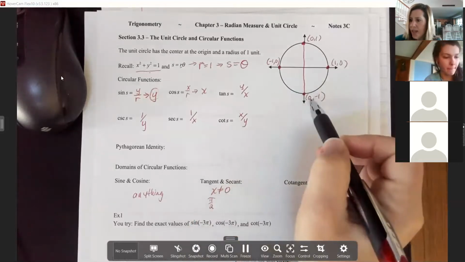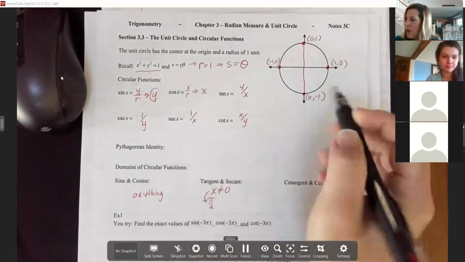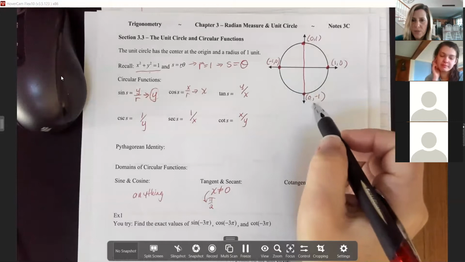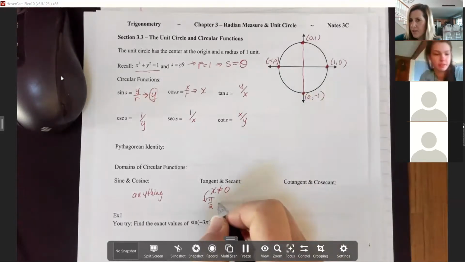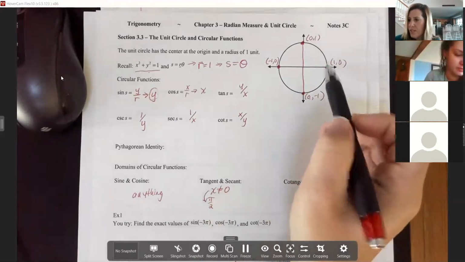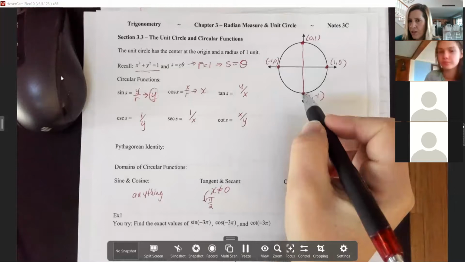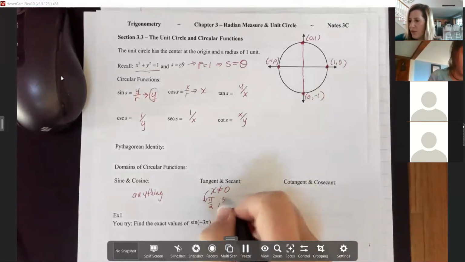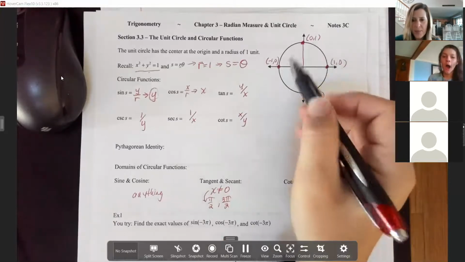And where else is x 0? What's 270 degrees in terms of radians? So this is 0, pi over 2, pi. This is 1.5 pi or 3 pi over 2, right? And then this is 2 pi again. So at 3 pi over 2, but then if I went around again, it would keep happening.